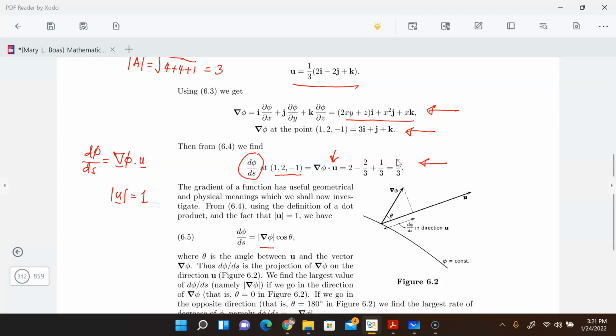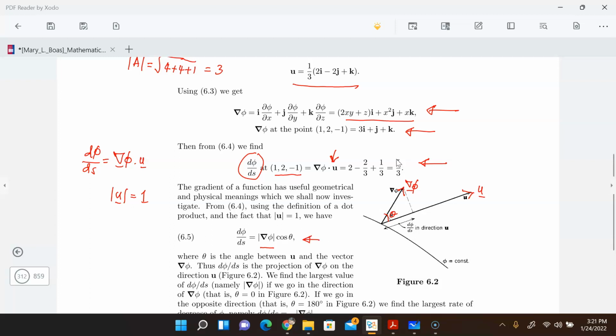So here's a picture: here's the vector u, here is the gradient phi, and this is your angle theta in between. So that will now be given by that.